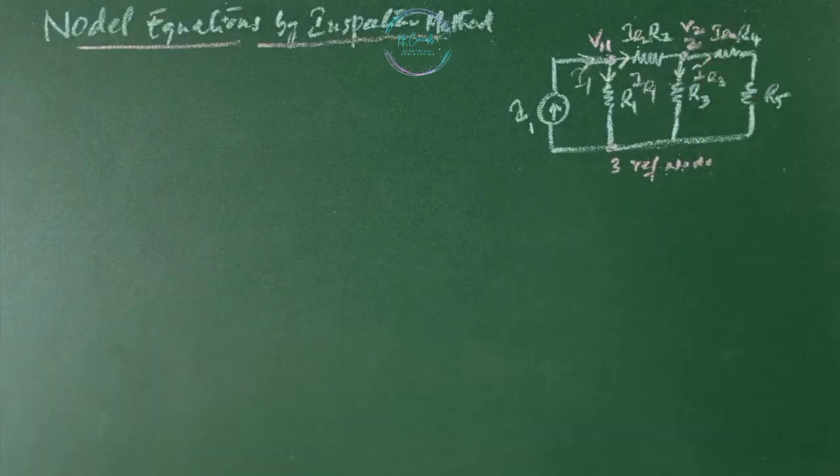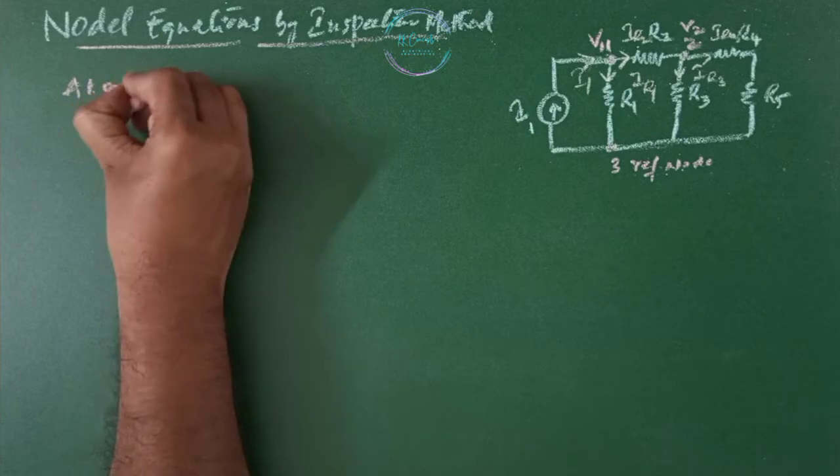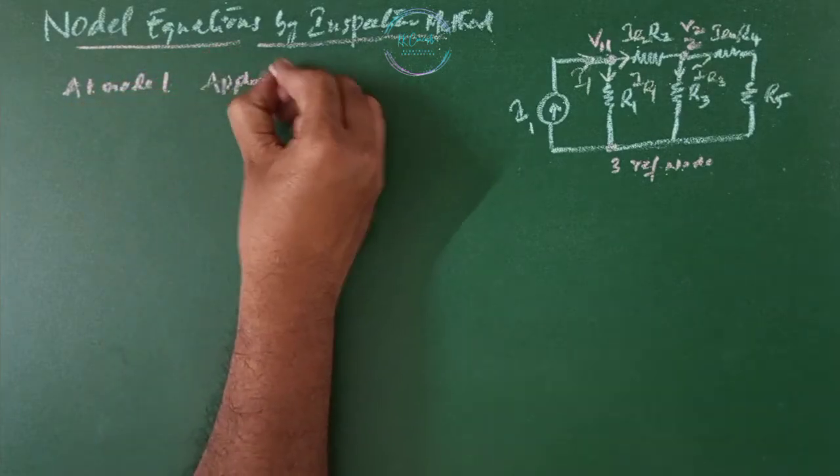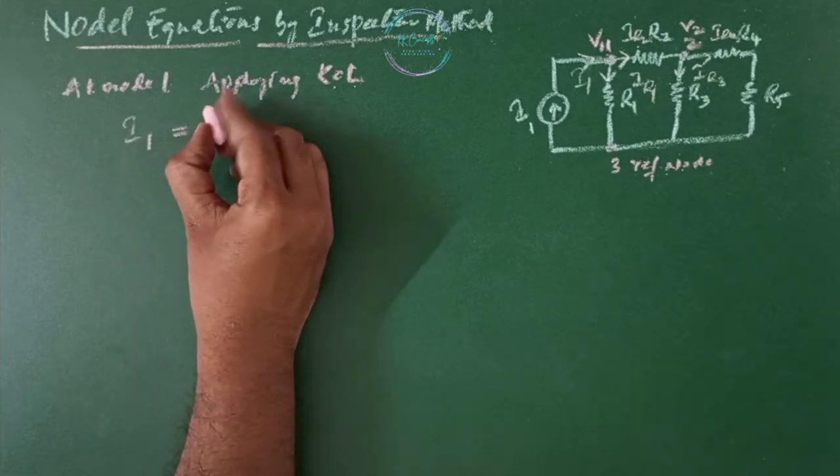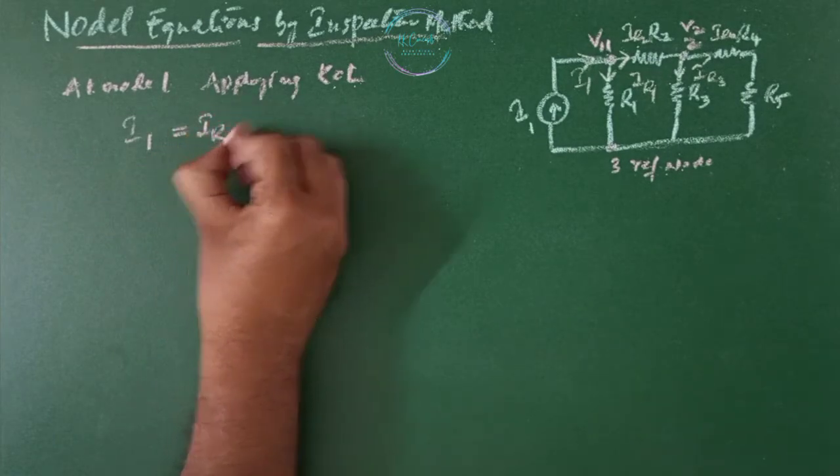The nodal equations for a general planar network can also be written by inspection without going through the detailed steps. Now, at node 1, applying KCL, the current I1 is coming to the node, so I1 equals IR1 plus IR2.